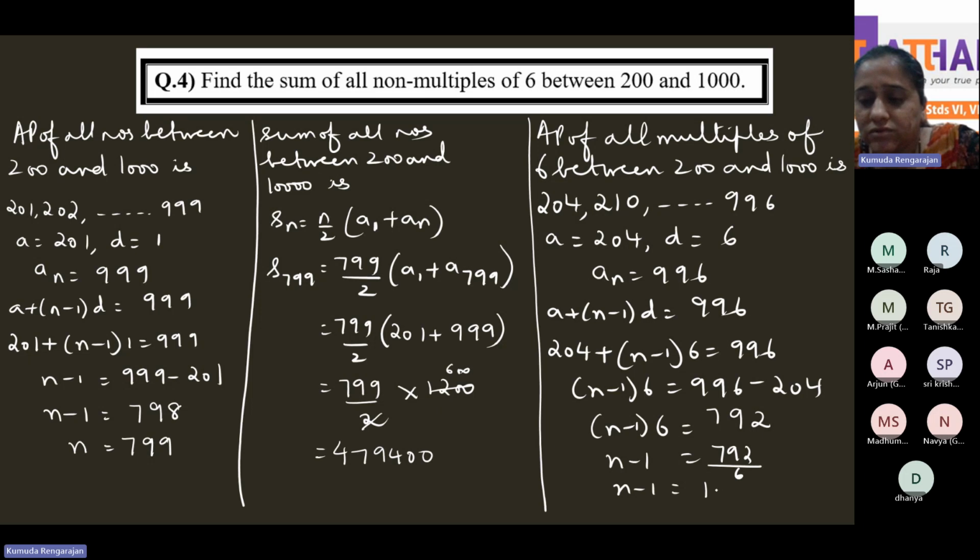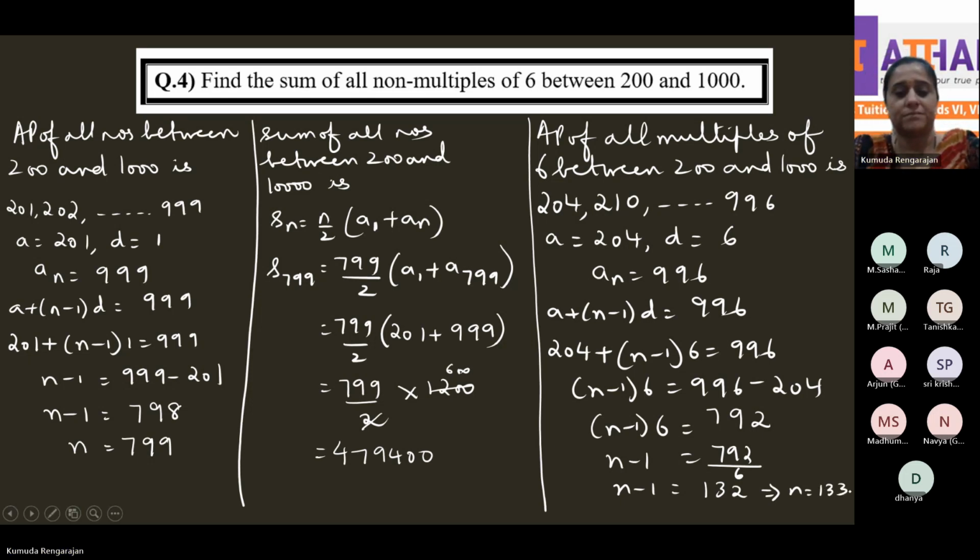Six ones are 6, 1 remains. 3 sixes are 18, 1 remains, 2. So this implies n is equal to 133, correct? Yes, ma'am.